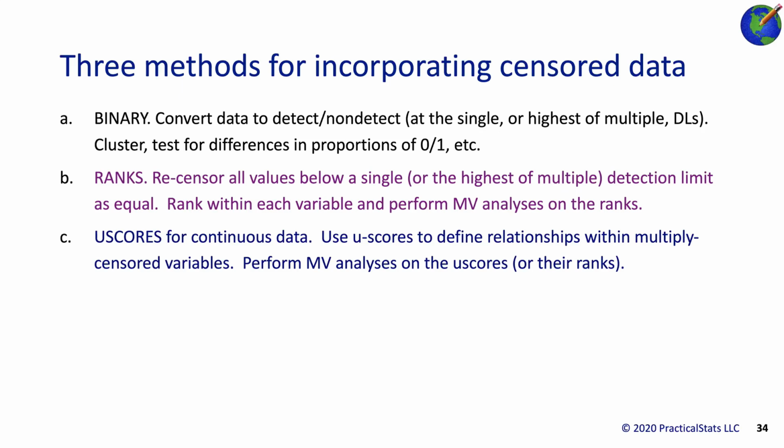So this is going to be a non-parametric procedure. You could say that a less than 1 is less than a 3, and so you would rank the data and use those ranks. I'll show you how in a second. And then there are things called U-scores that are used in a variety of different statistical procedures, and those U-scores can handle multiple detection limits, at least to some extent.